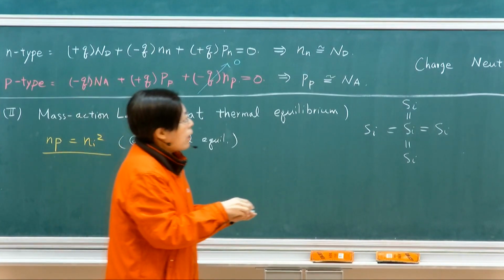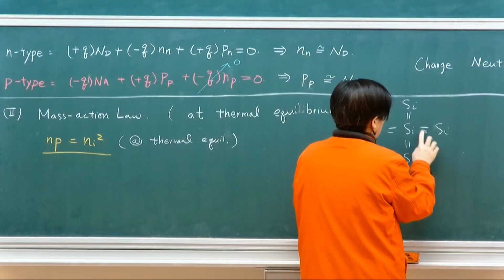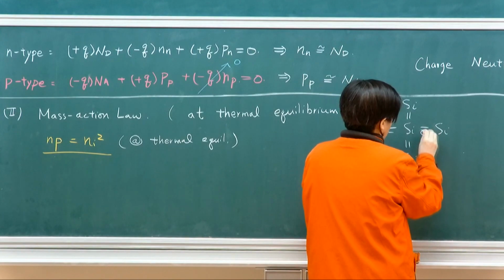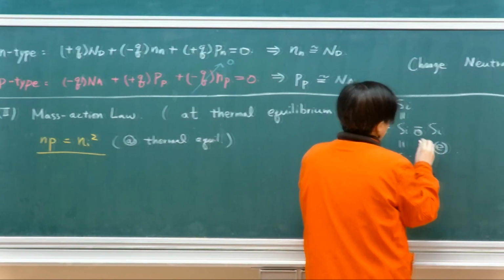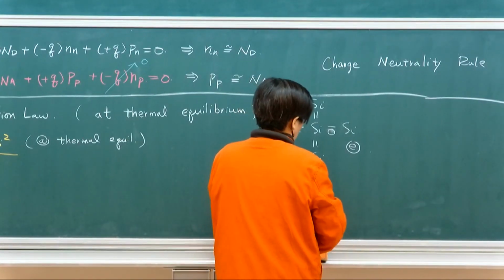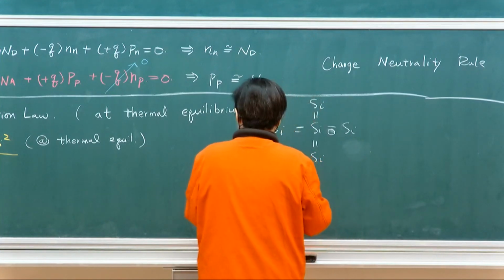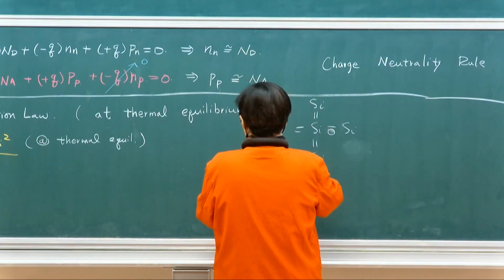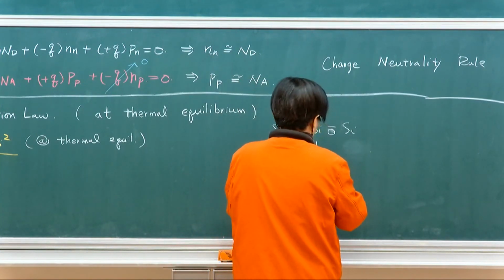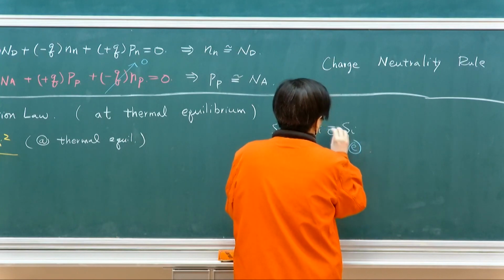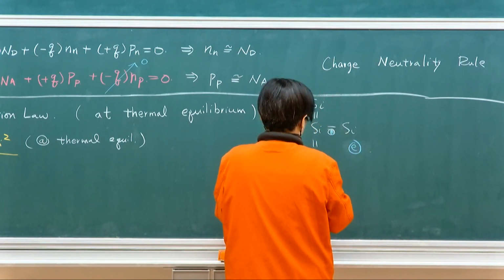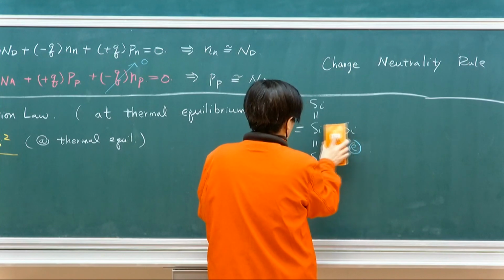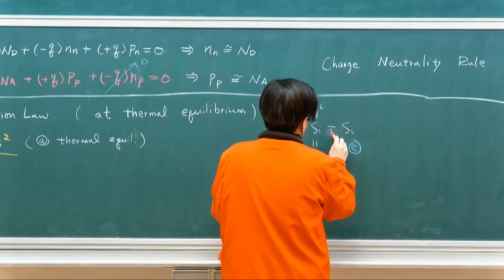So if you think about it, if one of the electrons leaves the space, there will be an electron here, and then I will have a hole left here.